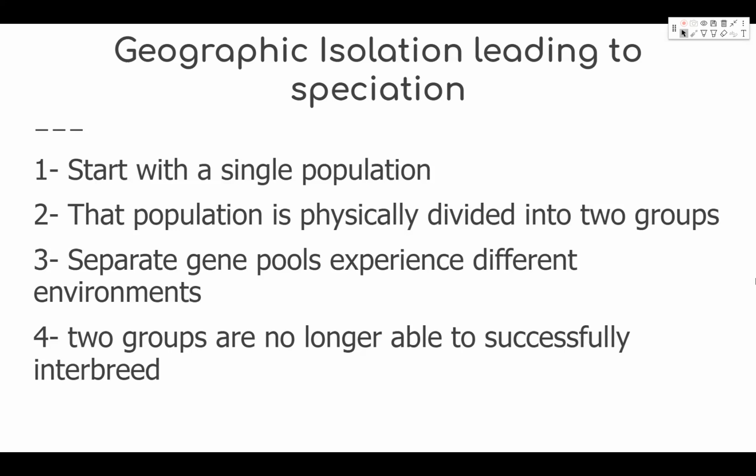We say that speciation has occurred. The physical separation of this one species into two groups has led, over time, to two new species. This didn't happen overnight. This happened over years and years.